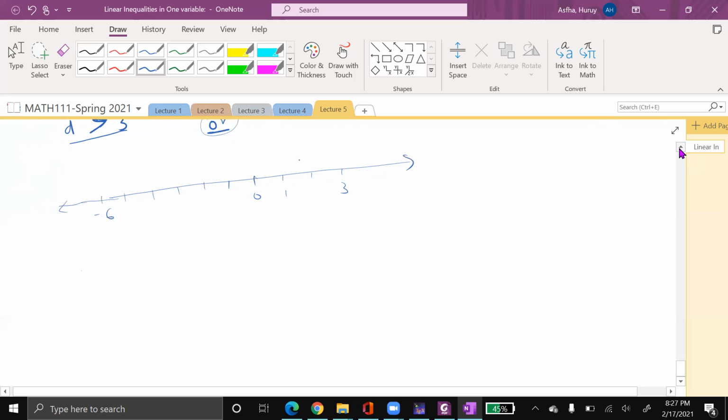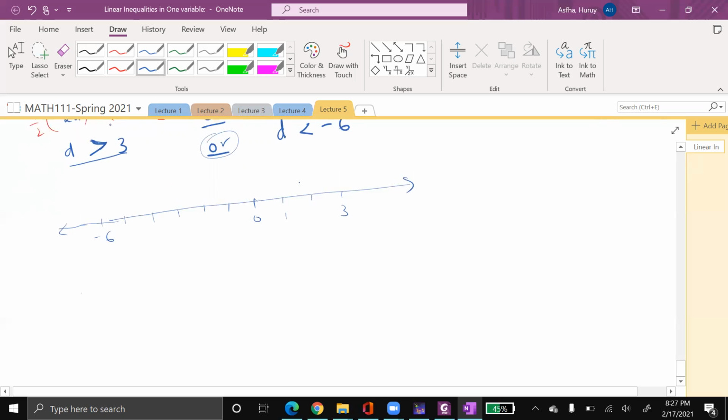Okay. So the first inequality is from 3 and above. And the second inequality is d less than negative 6. Negative 6 is this one. So less than means to the left.